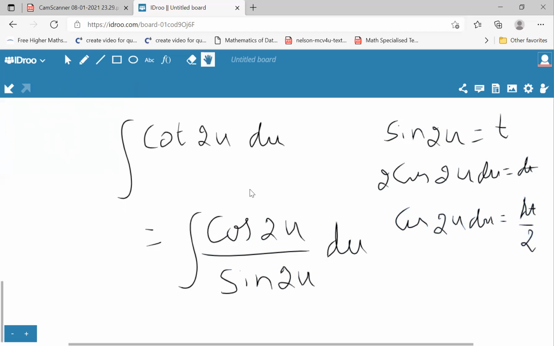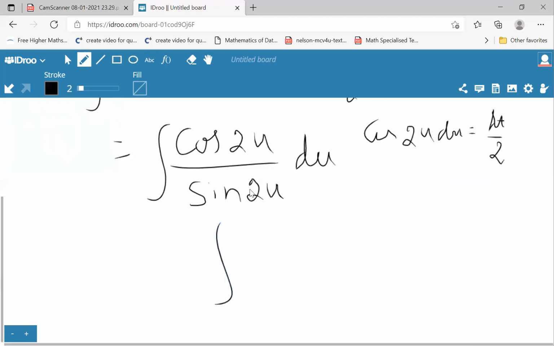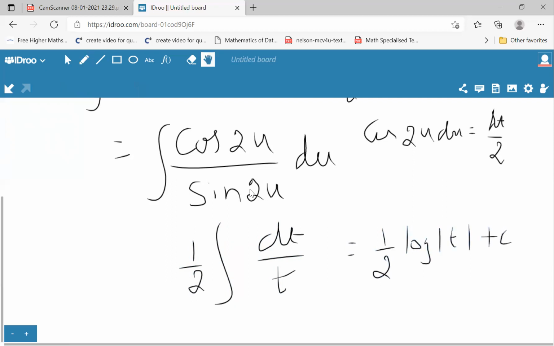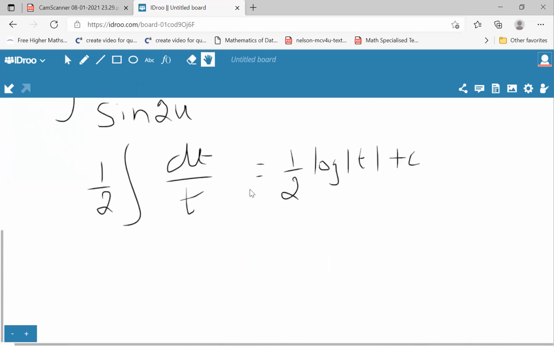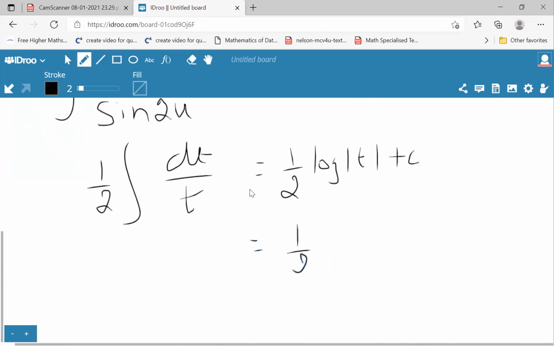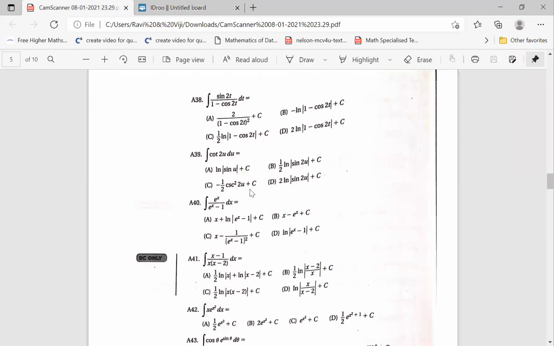All right. So we can write this as, taking the half outside, integration of dt by t. On integration, this is half log of t plus c, and we took t as sine 2u. So this is half log of sine 2u plus c. Let's see which option is correct. So B option is correct.